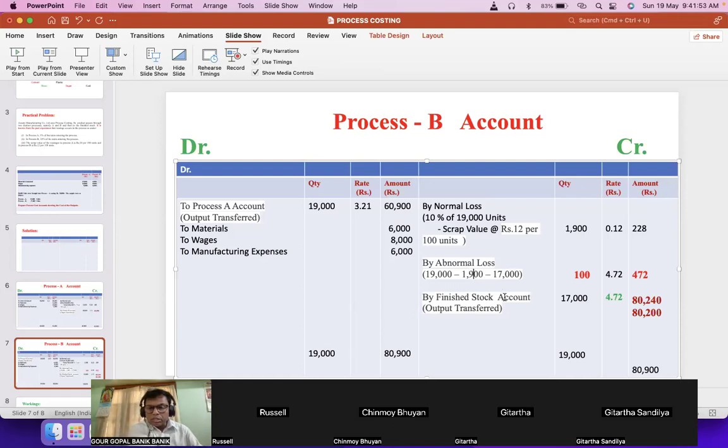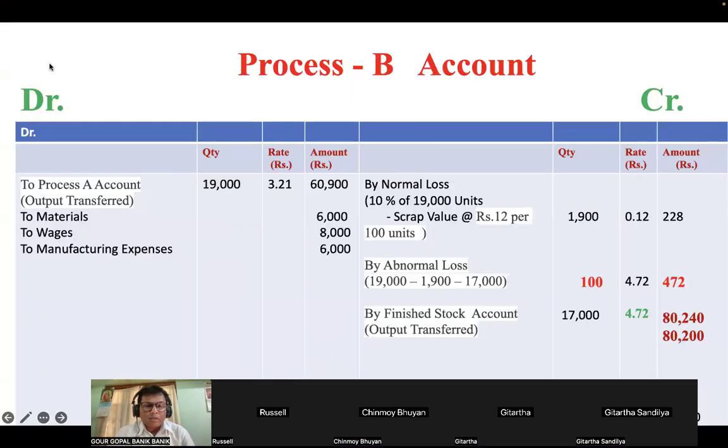You deduct 19,000 in your calculator: 19,000 minus 1,900 and minus 17,000. You are getting 100. This is abnormal loss. Your production should have been 17,100, but you have got 17,000. So this 100 is abnormal loss.